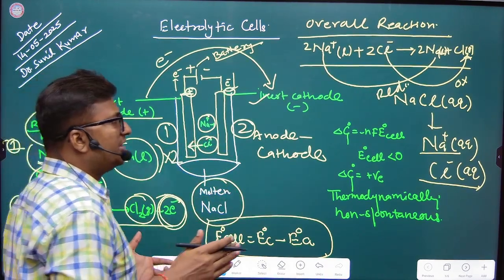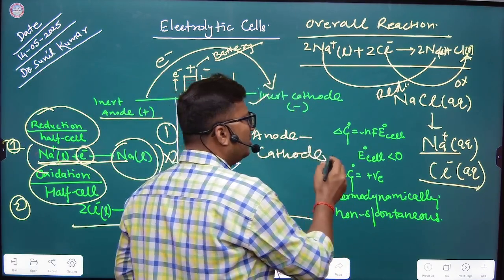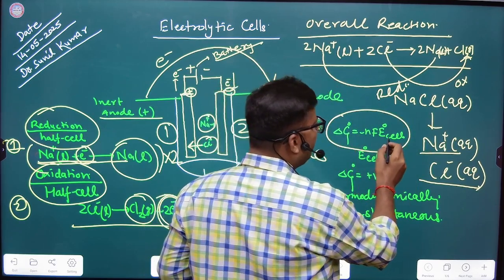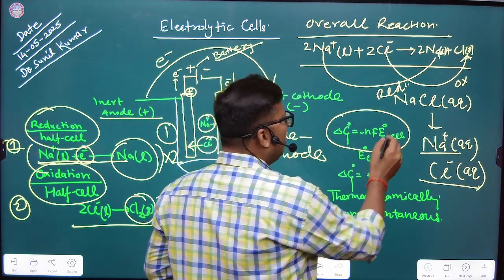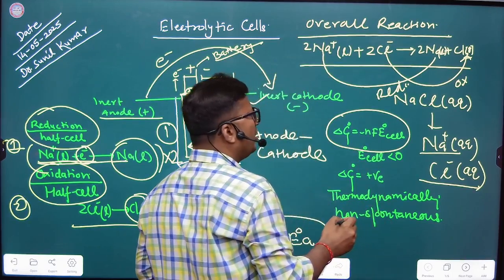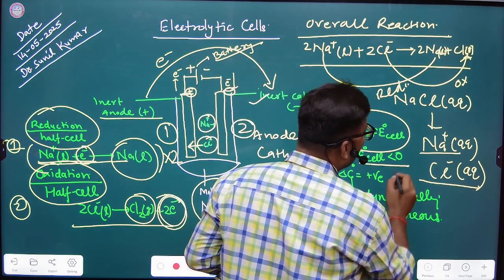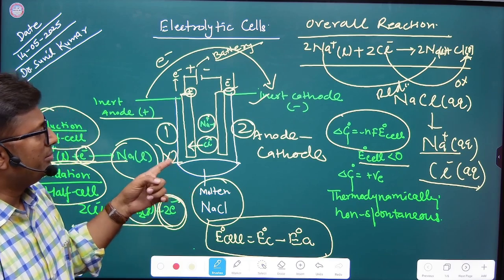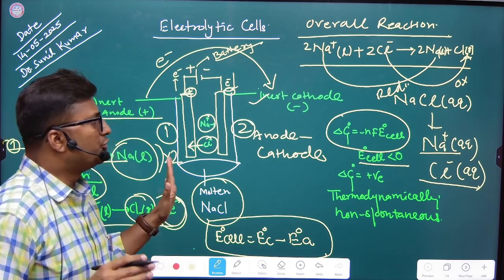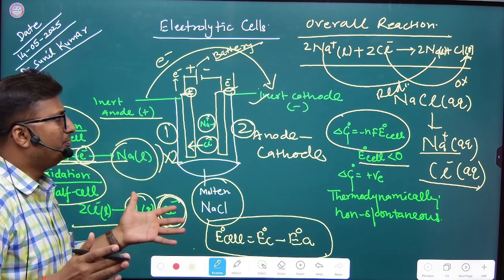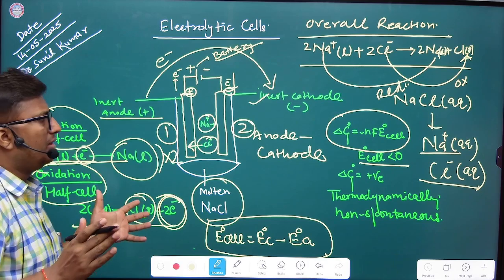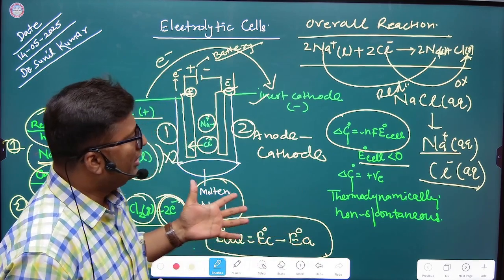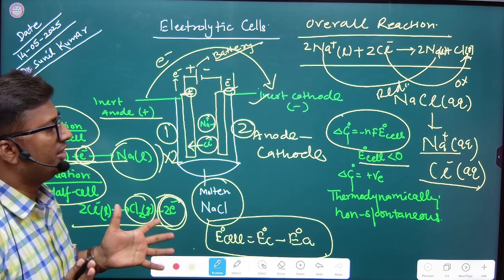Non-spontaneous reactions means, as in thermodynamics, we have studied ΔG = -nFE0cell. Now, in this kind of electrochemical setup, E0cell must be less than 0, or you can simply say it is a negative quantity. So in an electrolytic cell, the cell potential or EMF is always a negative quantity, right?